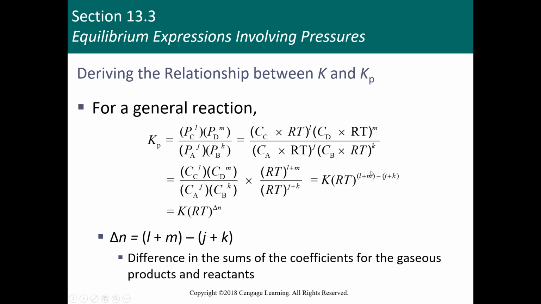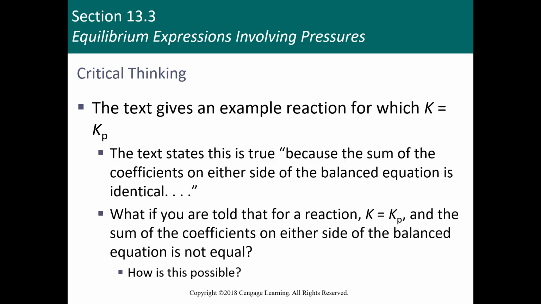And so what change in n is, it's the difference in the sums of the coefficients of the gaseous products and reactants. And they come from the fact that this unit conversion, going from pressure to concentration, is going to have RTs that have the powers that are those coefficients. That's where those are coming from. We're just collecting them all up into one term, so it's much, much easier to deal with.